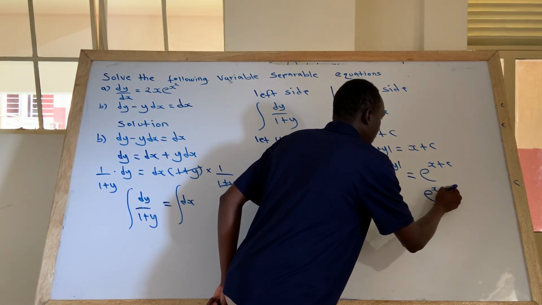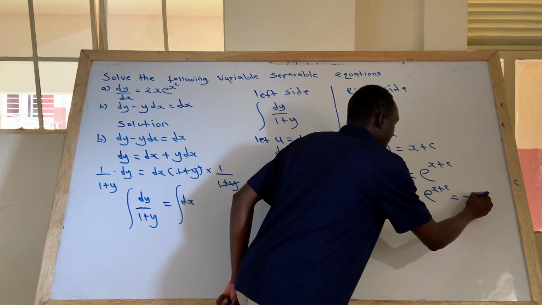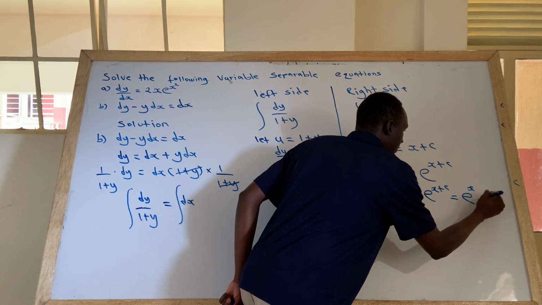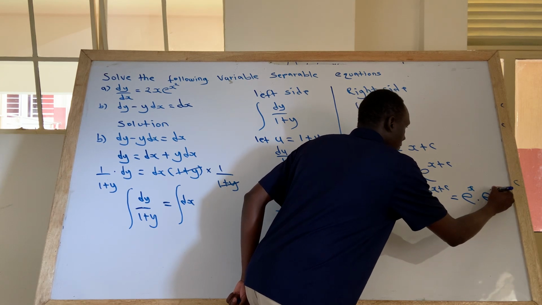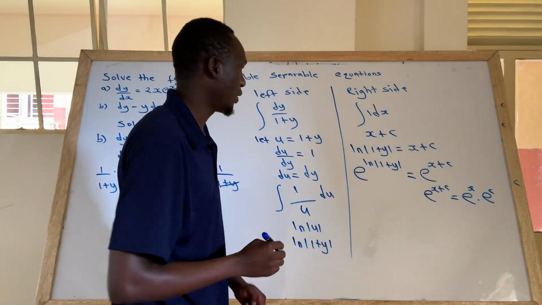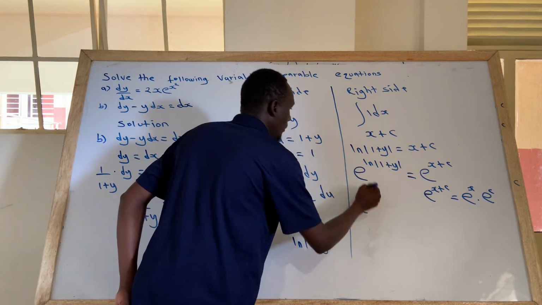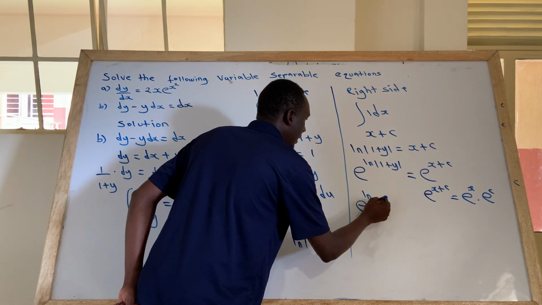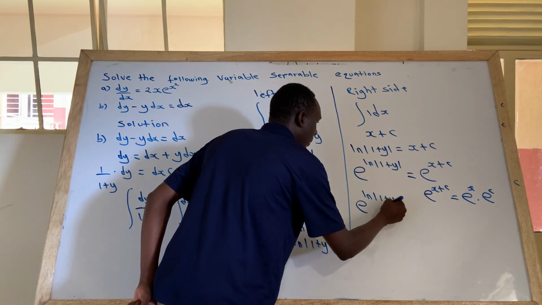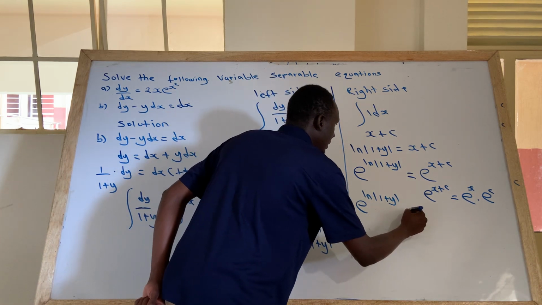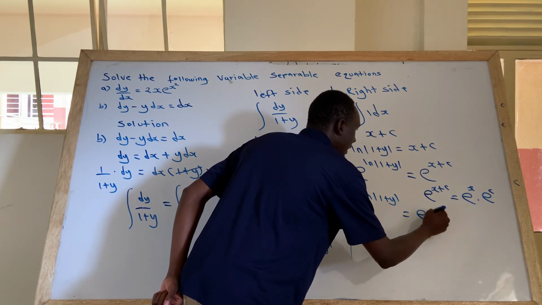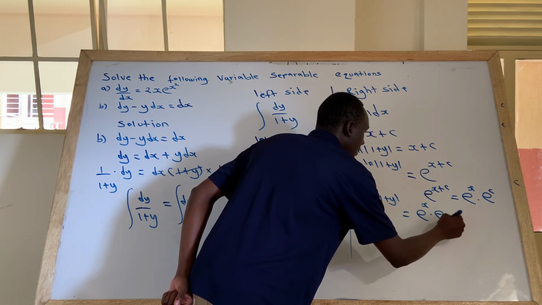But e raised to x plus c is the same as e raised to x times e raised to c.